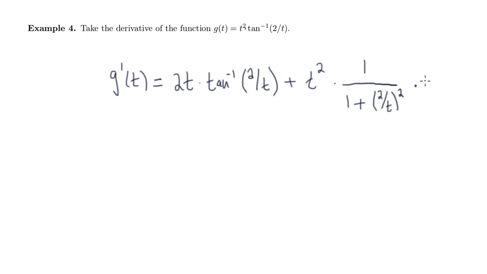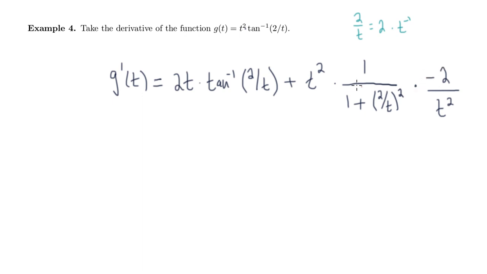So that should be -2 over t squared. And just a reminder, I'm just thinking about 2 over t as being 2 times t to the minus first. So when I take the derivative, I bring down the -1, so it becomes -2. I subtract 1 from the power, so it's t to the minus second, but that's the same thing as 1 over t squared.